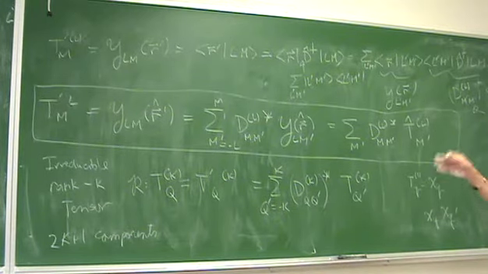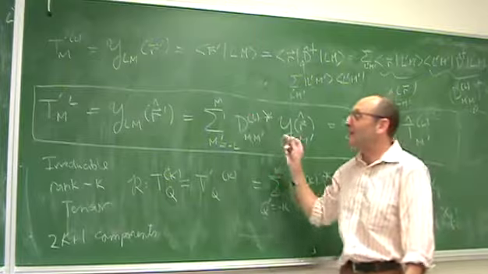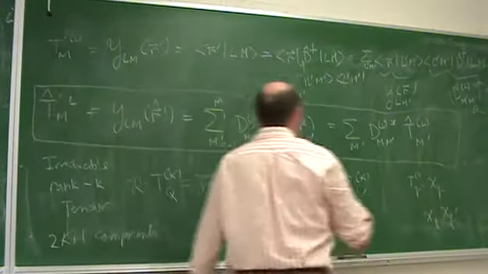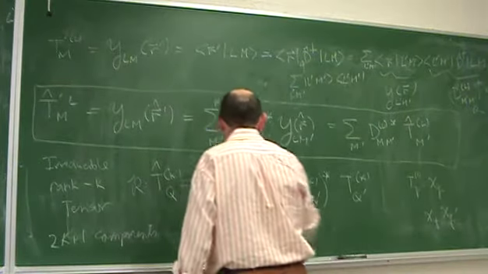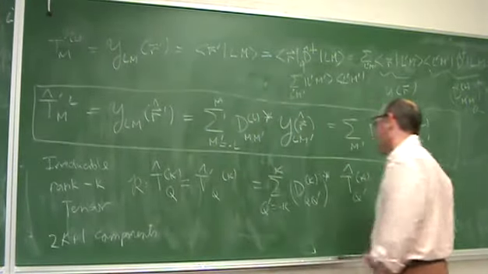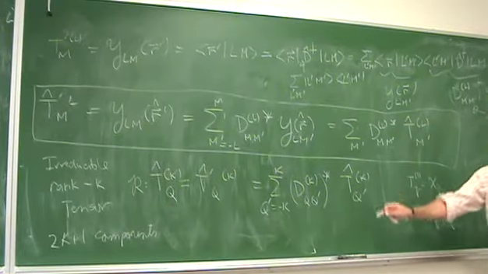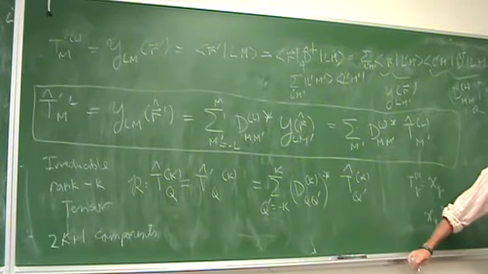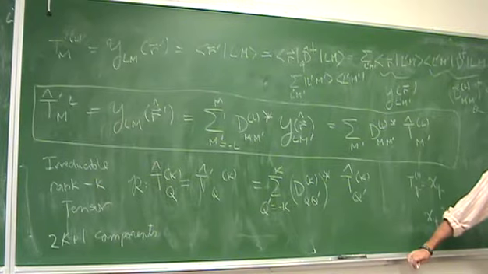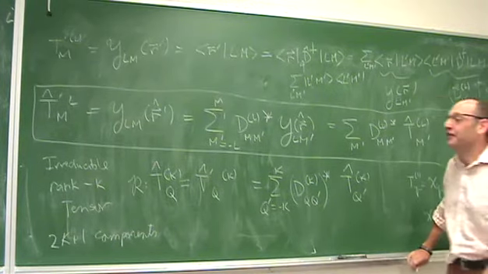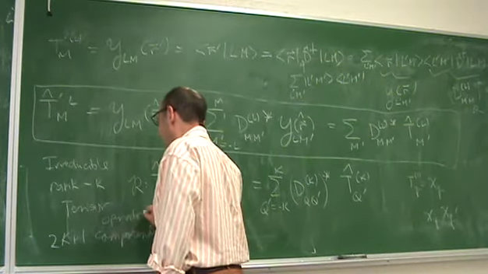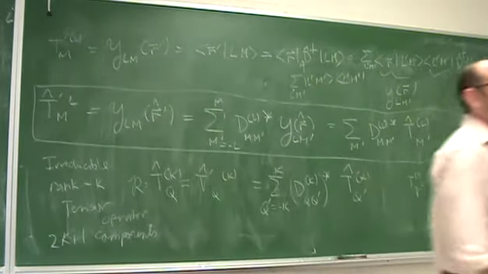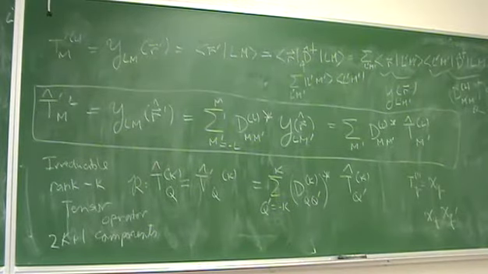Write out those polynomials, those are operators, and that collection of operators transforms this way. And therefore, any operator which has 2k plus 1 components which transforms according to this transformation is known as an irreducible rank K tensor operator. God, can we have any more adjectives? Irreducible, rank K, tensor, operator.